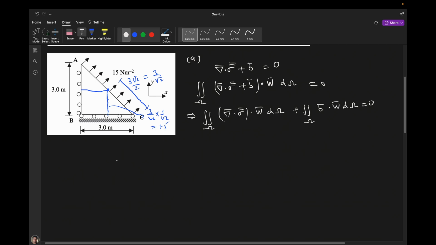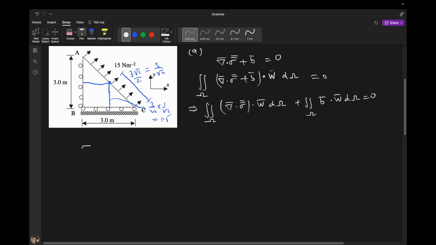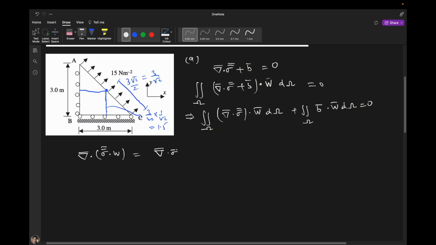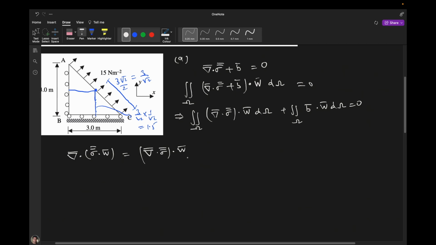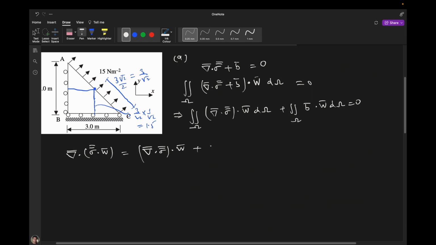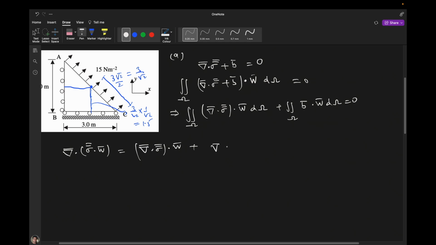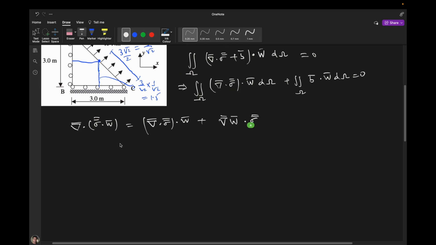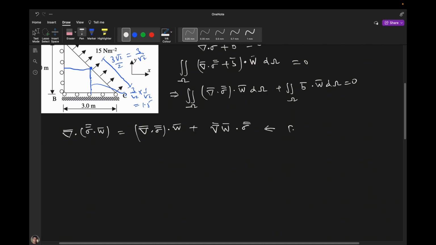Now we will use the property of divergence, that del dot sigma dot w is del dot (sigma transpose w) plus del w dot sigma. So this is the divergence property.